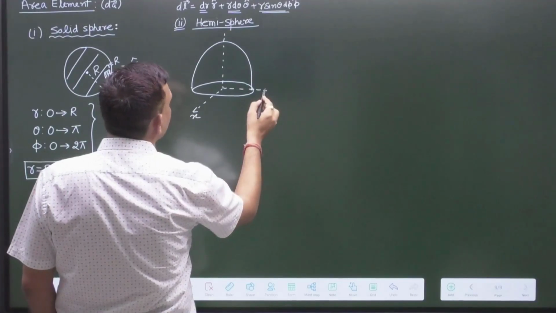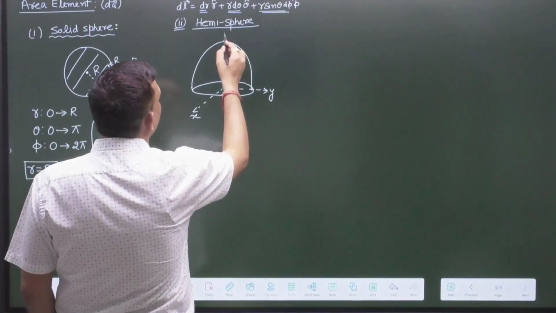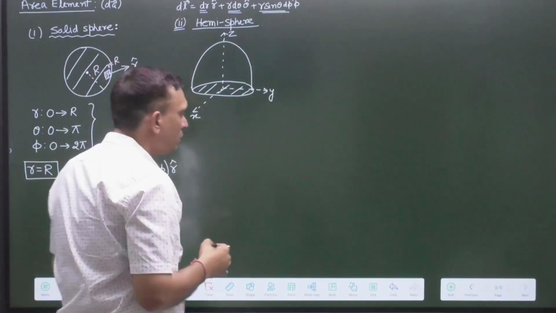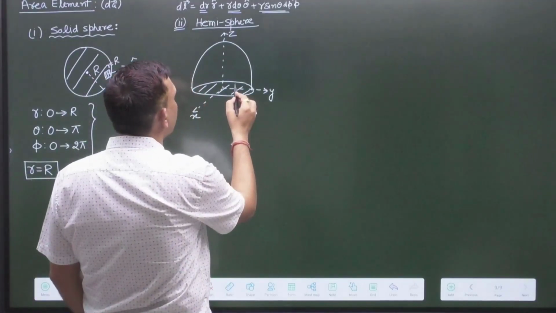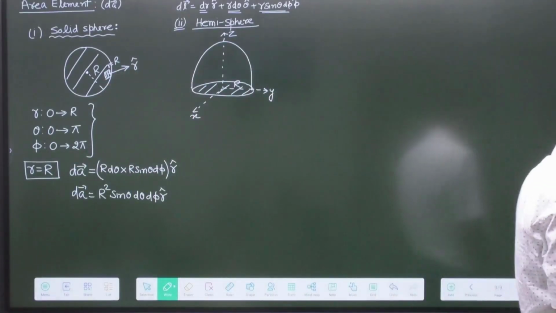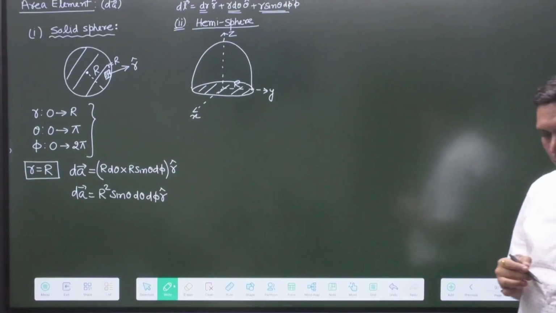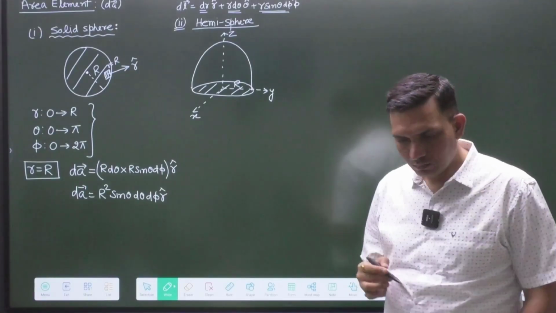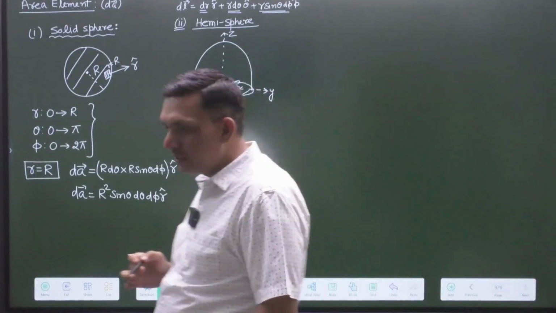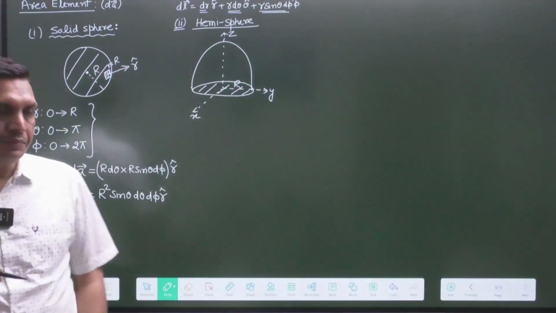This is X, this is Y, and this is Z. And its radius is capital R. So first specify r, theta, phi.